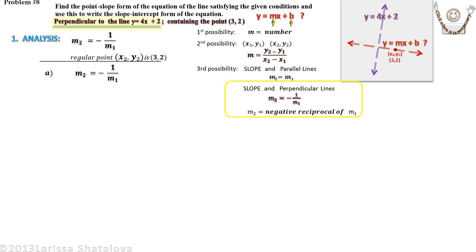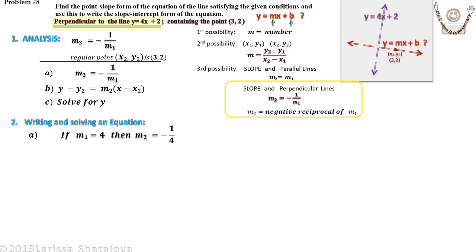And then we have to fill out the point-slope form, because we have a regular point. We don't have a special point. And then we have to solve our previous equation for y, because we have to show as the answer the slope-intercept form. Okay, let's do it step by step.